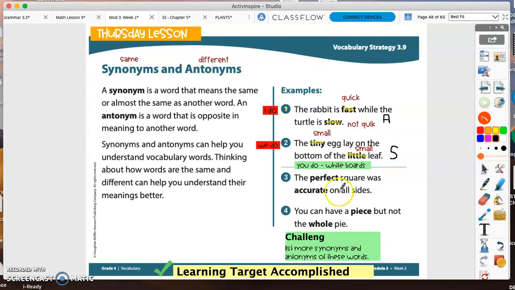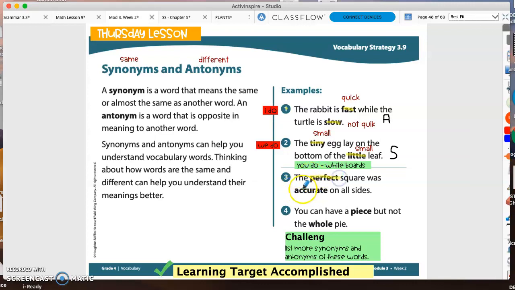Now I know that number 3 and 4 says to do it on your whiteboard, but I want you guys to get out a piece of paper, and on that piece of paper, I want you to title it Synonyms and Antonyms, and tell me if the words in number 3 and number 4 are synonyms or antonyms, okay?